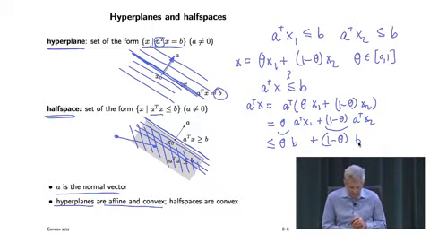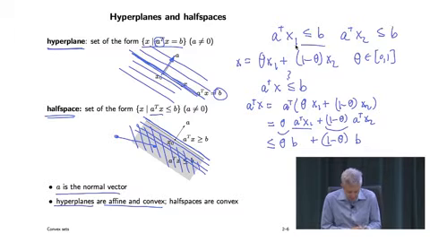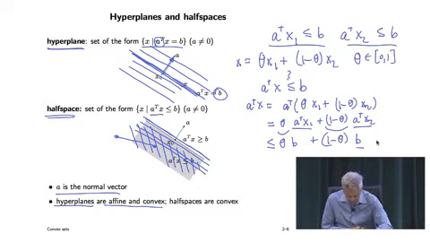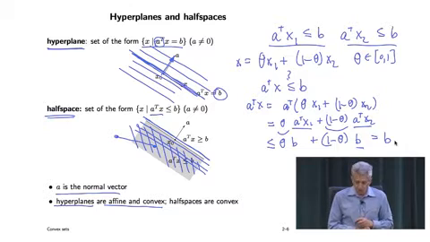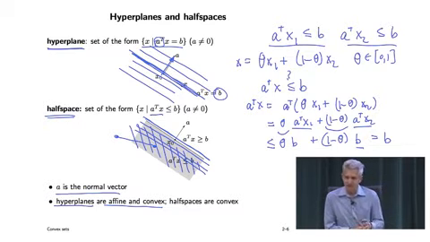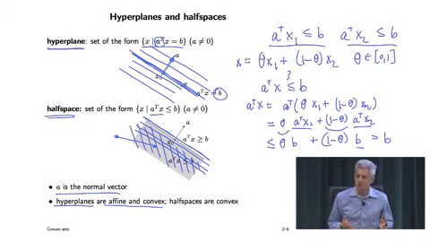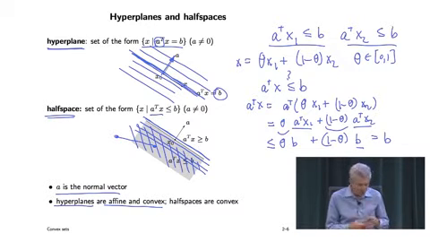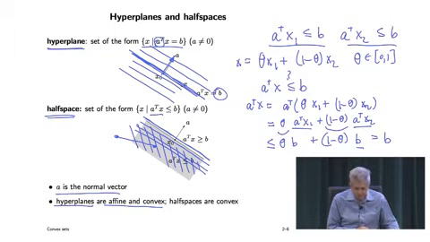I'm using the fact that this number is less than that number, which is our assumption. And finally, that's equal to b, and we're done. I will never do a derivation this simple again in this course. This is just to show you the kind of argument you'd have to make. You draw a picture and your eyeball says yes, that's convex, but these things actually have to get checked.